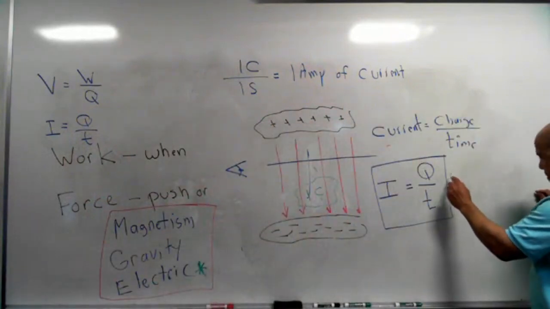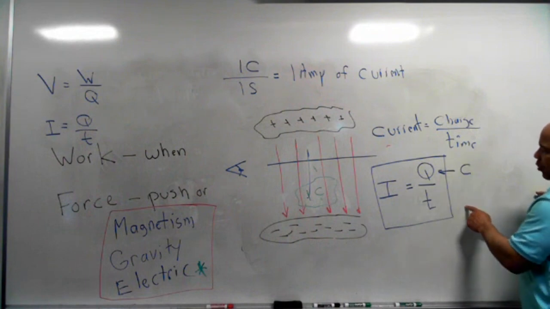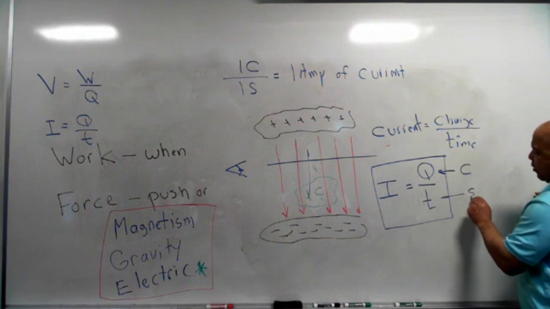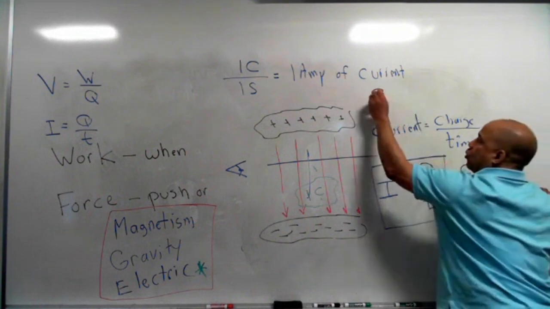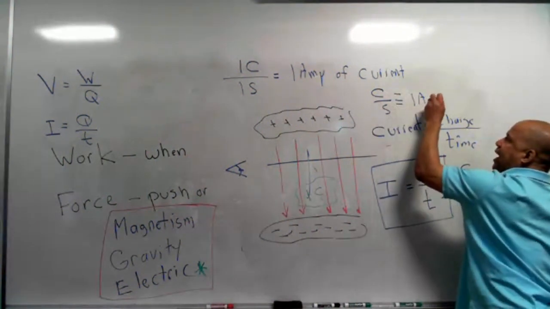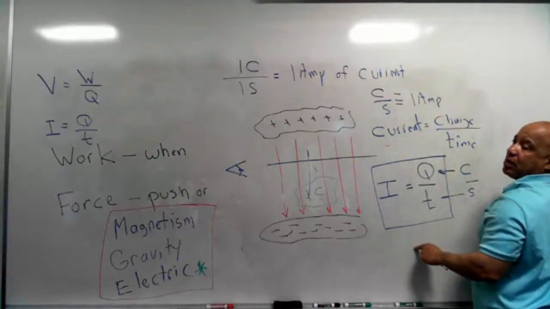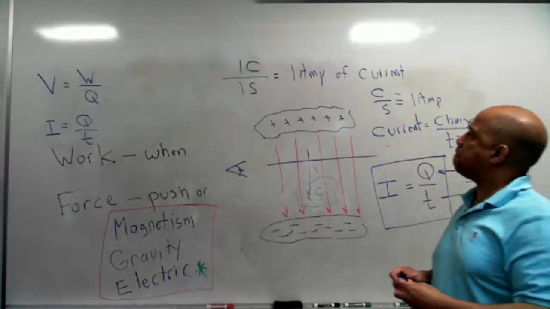The unit for charge is coulombs, and the unit for time is seconds. So current has units of coulombs per second. But 1 coulomb per second, we call an ampere, or amp for short. So 1 amp is 1 coulomb per second.